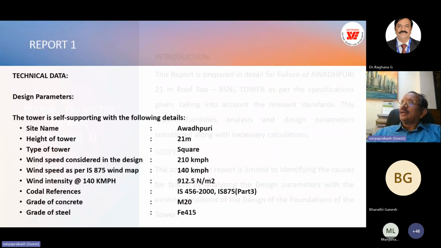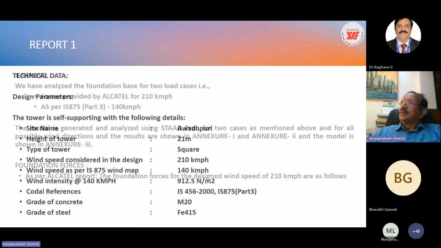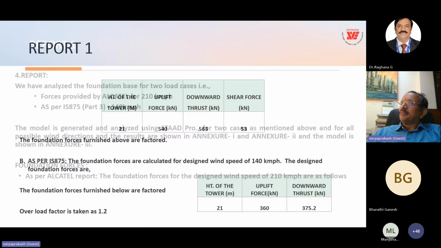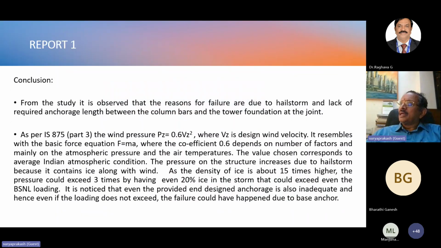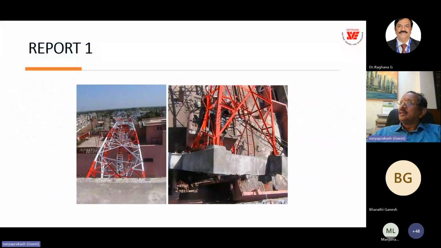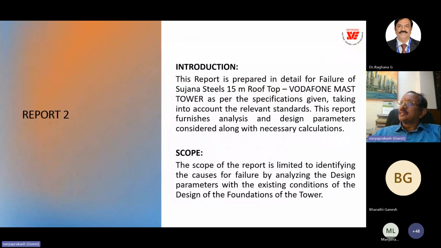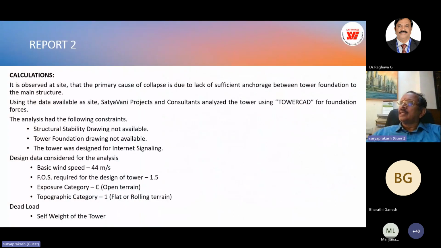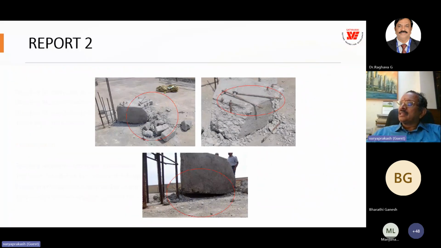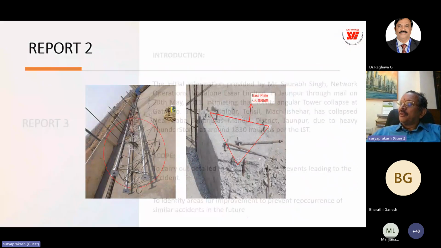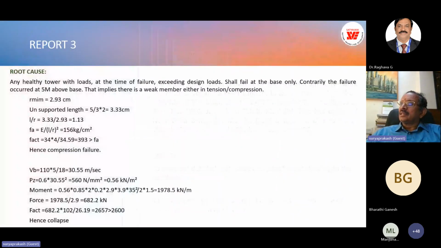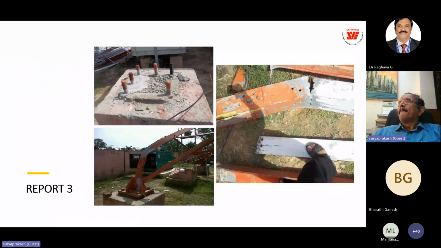So this is another case of inadequate anchors for foundations. There are multiple such cases. We have investigated at least 50 to 100 cases of tower failures across the country and found various reasons, and these are all the photographs. Very interesting cases. So this is the failure of the towers.